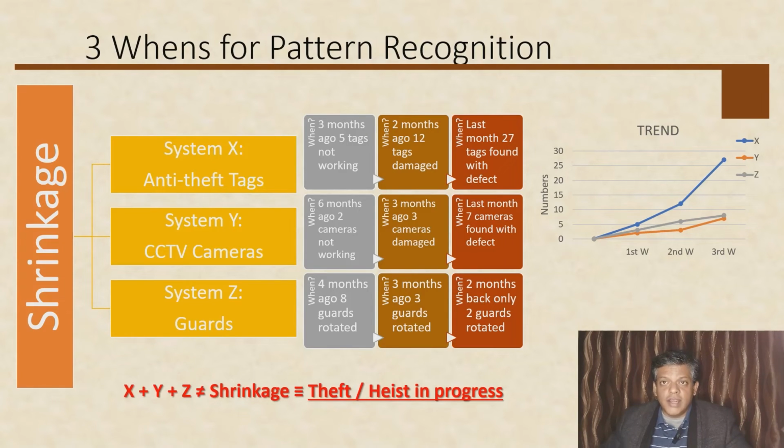And you arrive at the conclusion that this is not a simple case of rising shrinkage at your retail store. It is also highly probable that you are at the verge of facing a theft or a heist. That is, a heist is actually in progress under your very own nose in your own retail store.